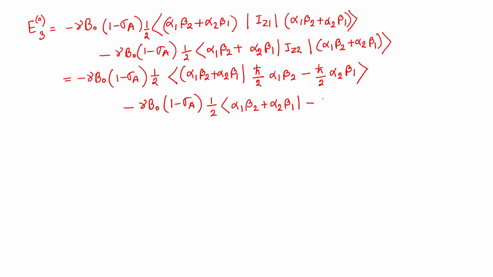So at first you are going to get alpha 1 h cut by 2 minus beta 2. On the next one you are going to get h cut by 2 alpha 2 beta 1. So what you are going to see is that these are no longer eigenvalue equations under the operation, so these have become orthogonal. So what I'm trying to say, I will just write one line maybe here, 1 minus sigma.